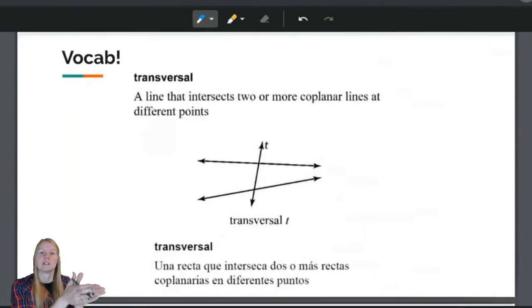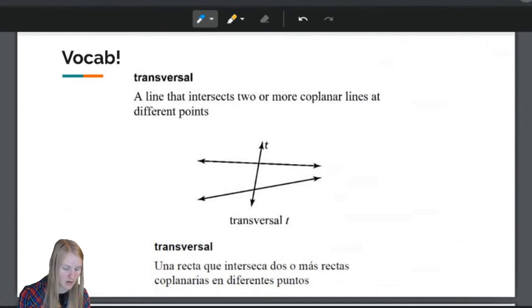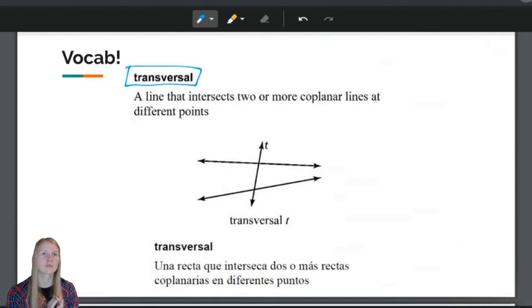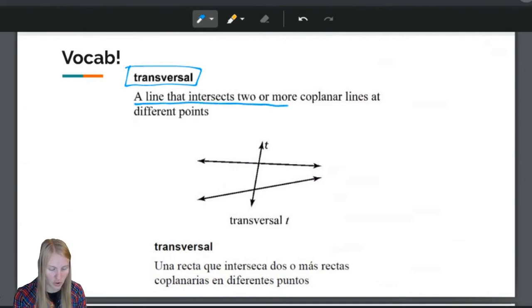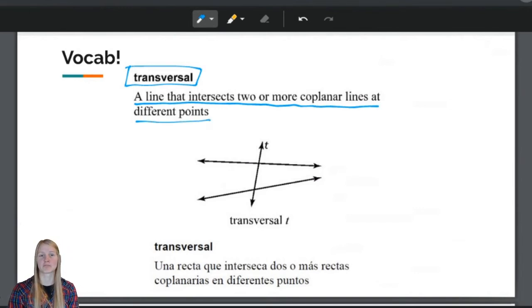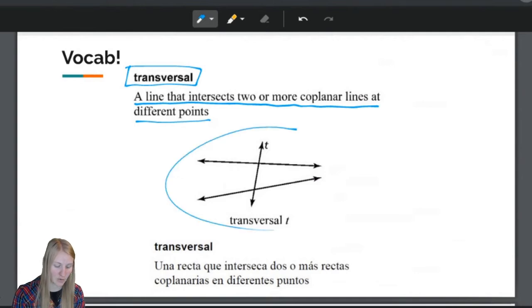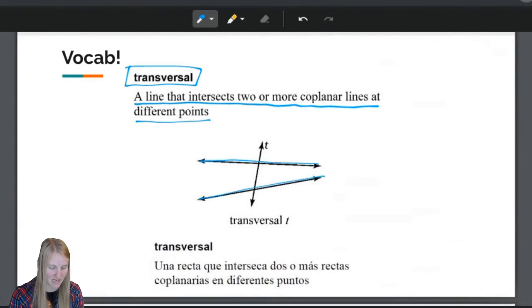All right. Let's start the last thing we're going to talk about today. The last thing we're going to talk about are transversals and the special angles created by transversals. So, a transversal is a line that intersects two or more coplanar lines at different points. What that means is that if you have a picture like this, if you have two lines like these, this is a transversal.